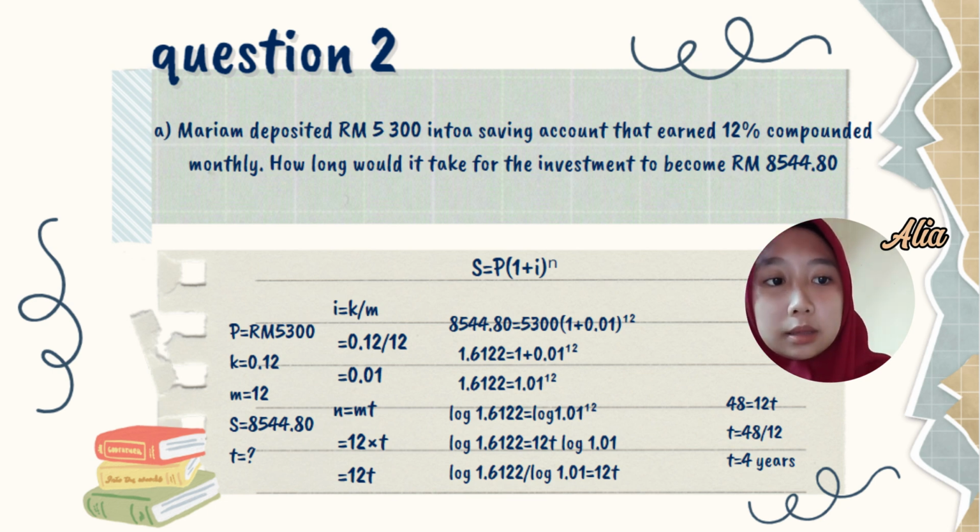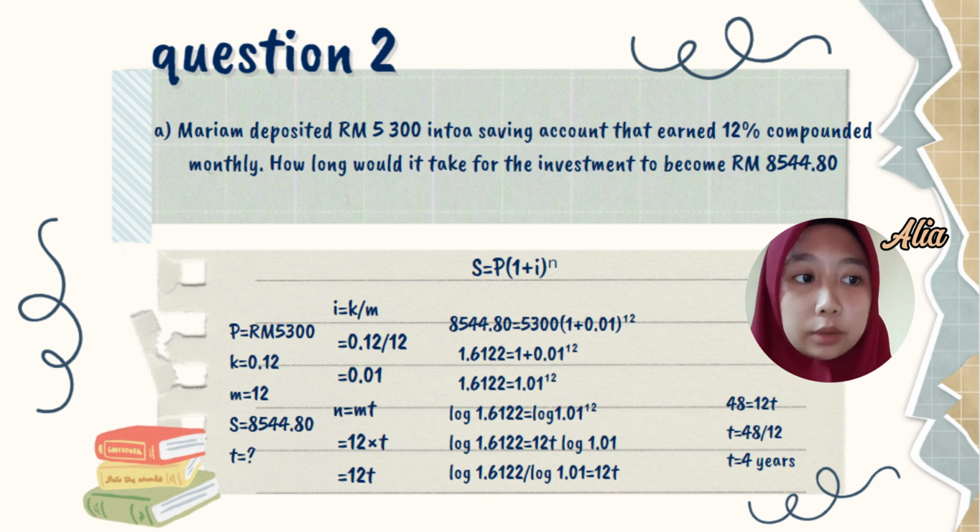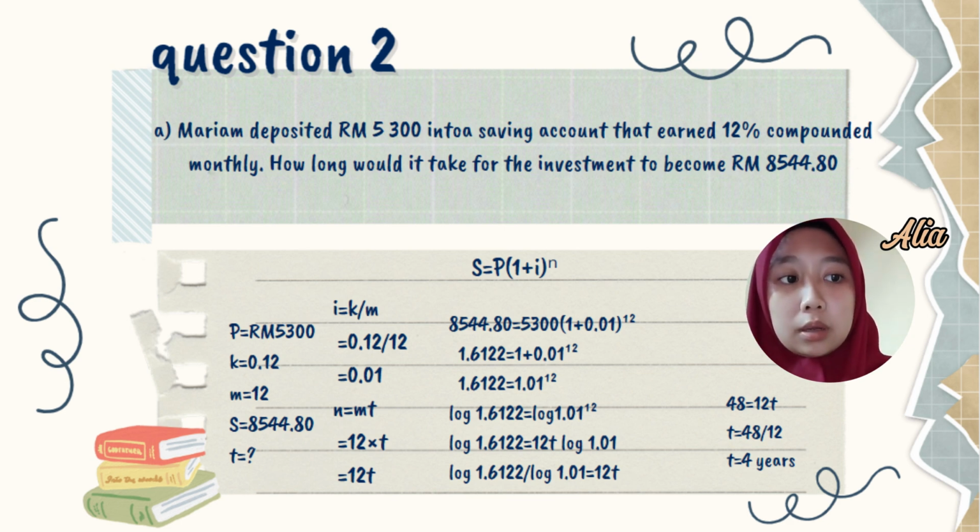So, 8,544.80 divided by 5,300, we get 1.6122 equals 1.01 to the power of 12T. Then put log in front of 1.6122 and 1.01.